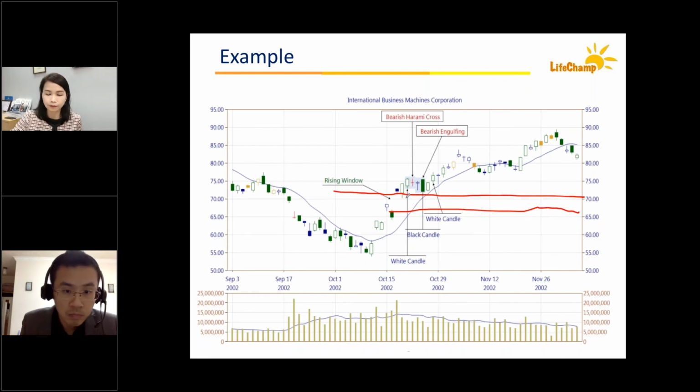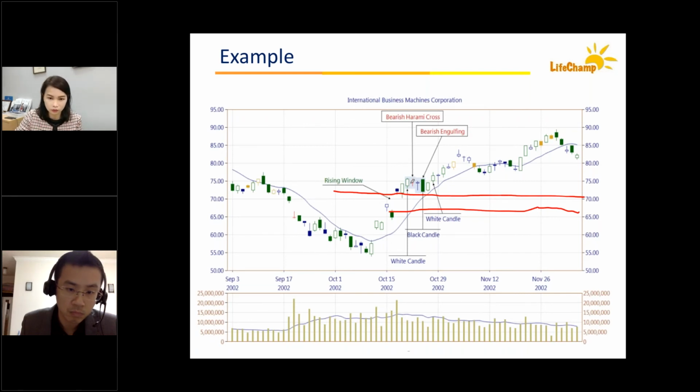Then you have this doji sign, followed by a bullish white candlestick here. These two in combination, they call the bearish Harami cross. Harami means a pregnant lady, right?